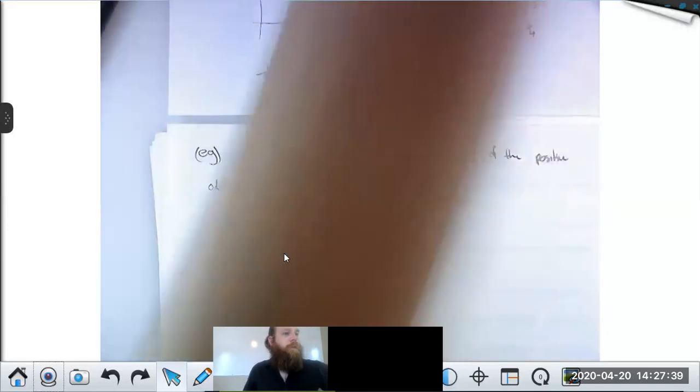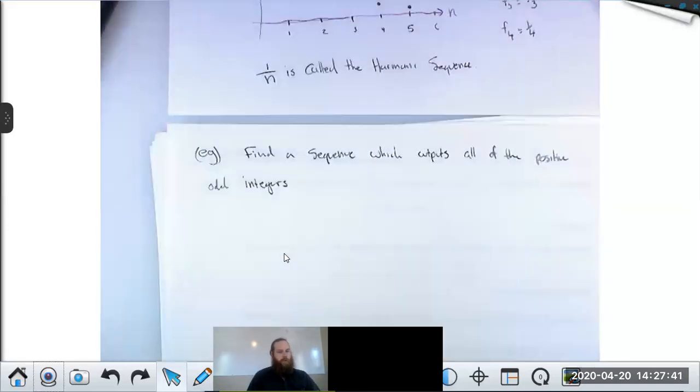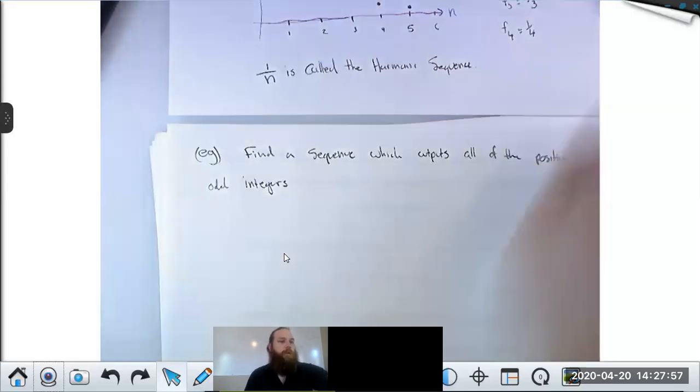So just like we had a formula for that last sequence, Fn equals 1/n, here I would like to find a formula for a sequence who, instead of outputting ratios whose numerator is 1, outputs just all the odd integers. Let me call this sequence an.